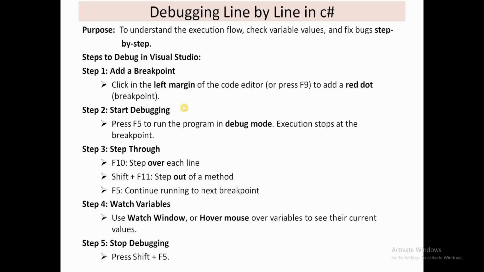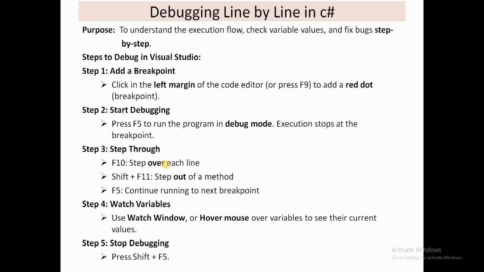Then to start debugging, press F5. In debug mode we do not use Ctrl plus F5, we use F5. Press F5 to run the program in debug mode. Execution stops at the breakpoint.